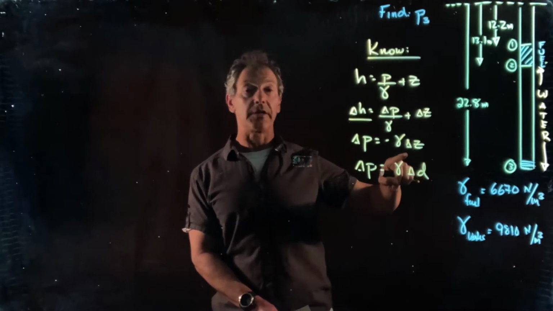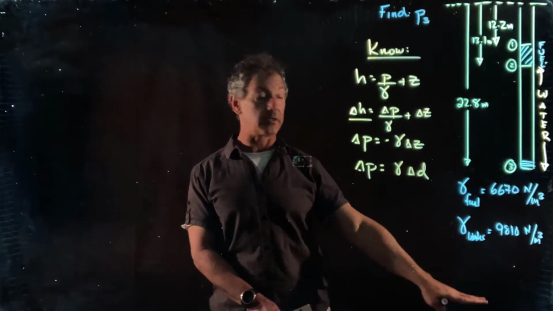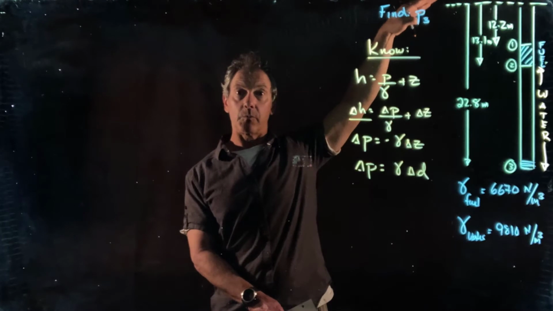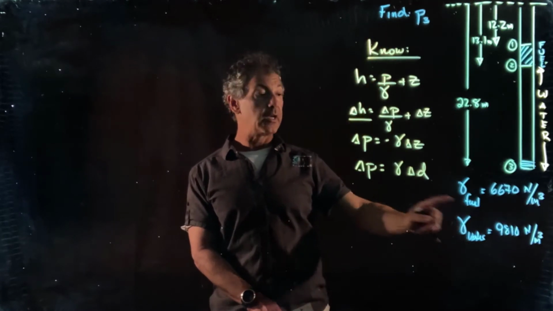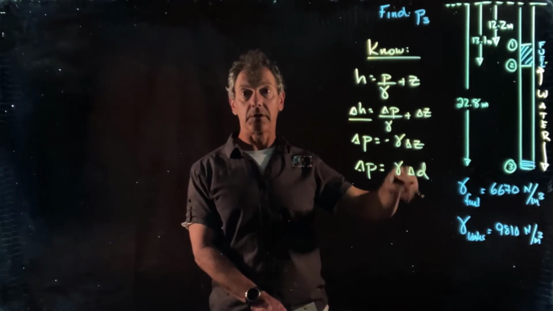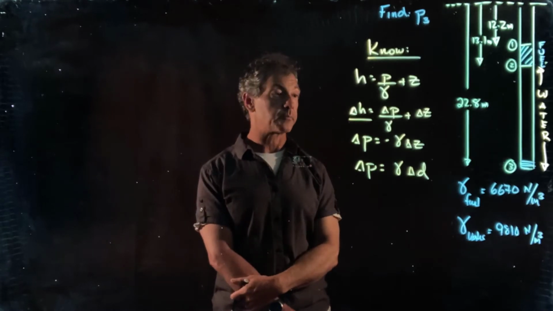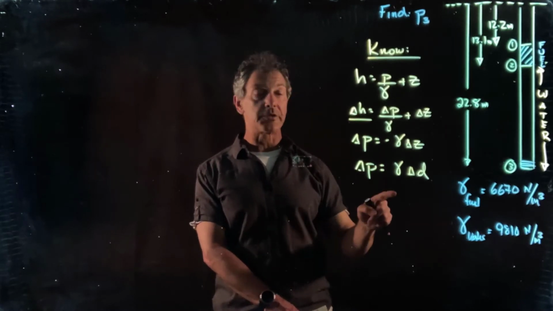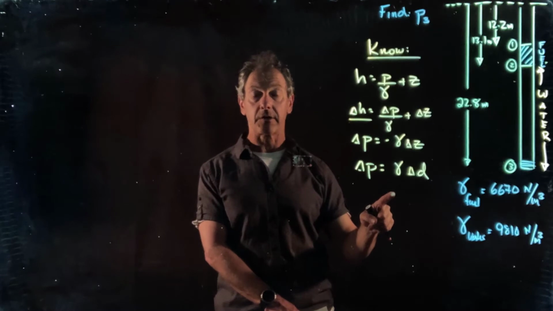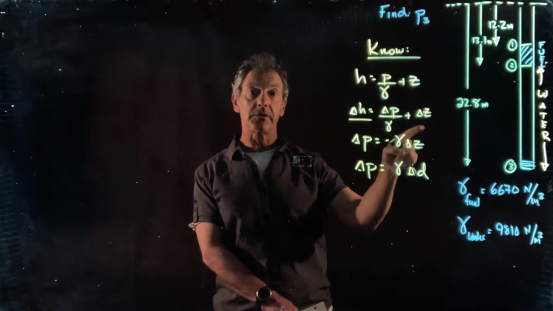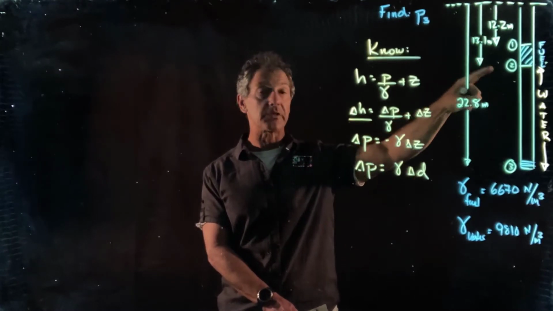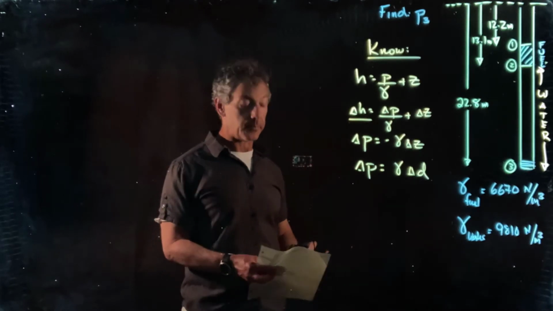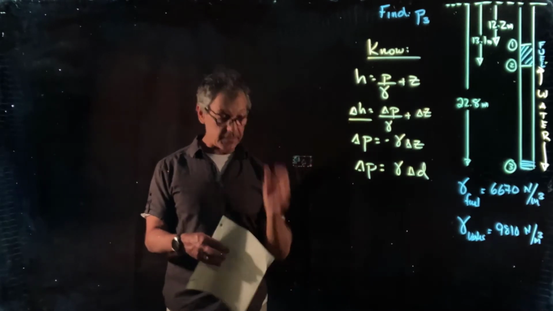So what have I done here? I've just assumed that we're working with elevation above some datum, and I've just changed this to be with depth. All right. So this is what we know as the hydrostatic equation. And remember that this is only true in each fluid, so we have to do this one fluid at a time.